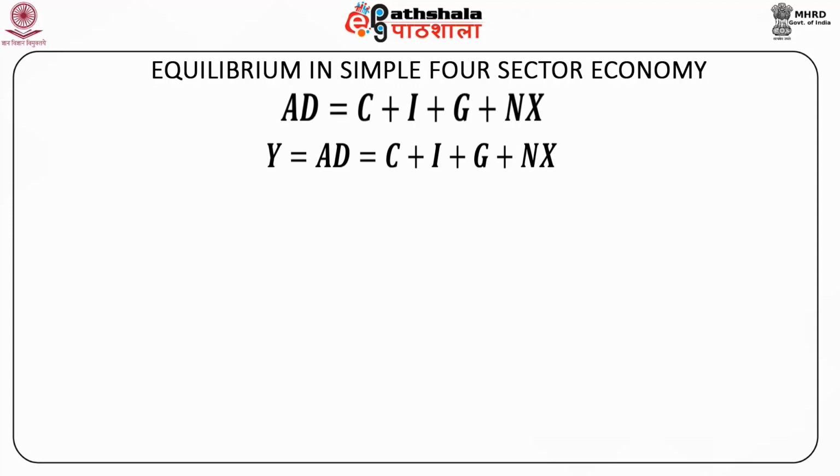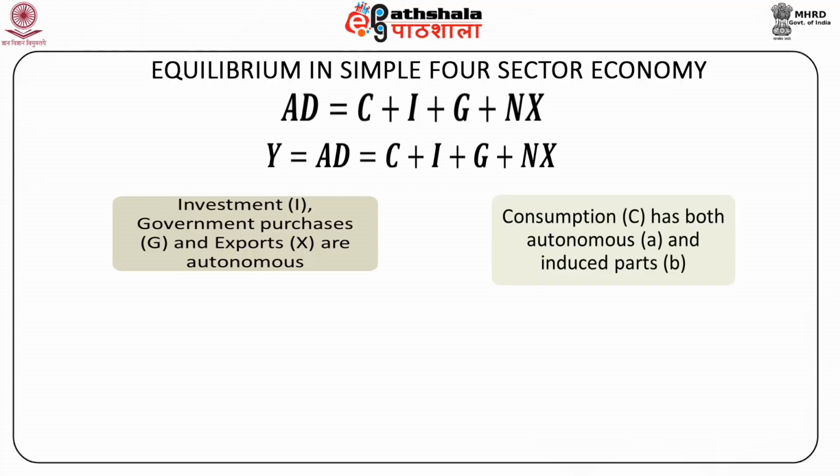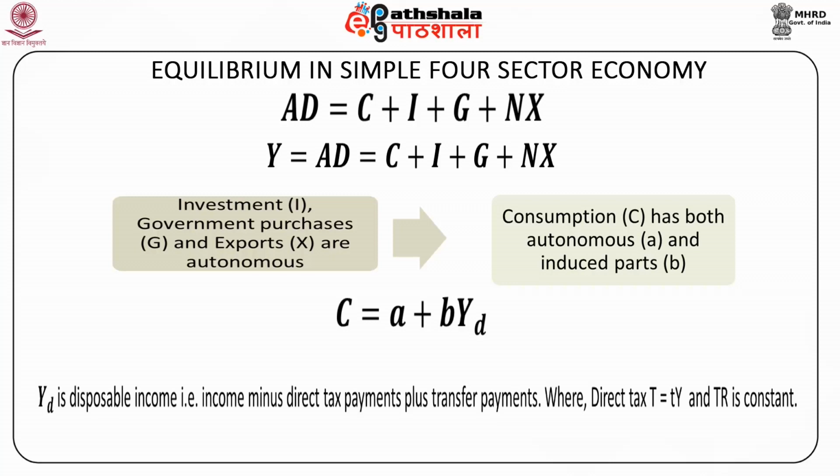For simplicity, investment, government purchases, and exports are assumed to be autonomous. Consumption has both autonomous and induced parts, given by C is equal to A plus B YD. The disposable income YD is income minus direct tax, where T is equal to small t Y, where small t is the rate of proportional taxation and is between 0 and 1.